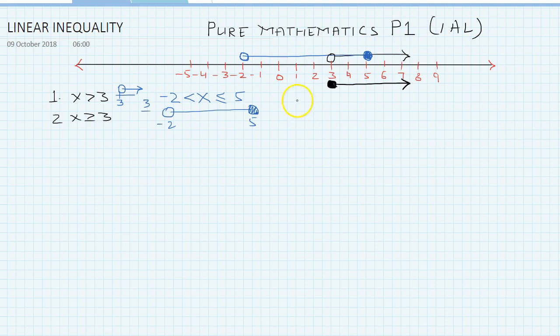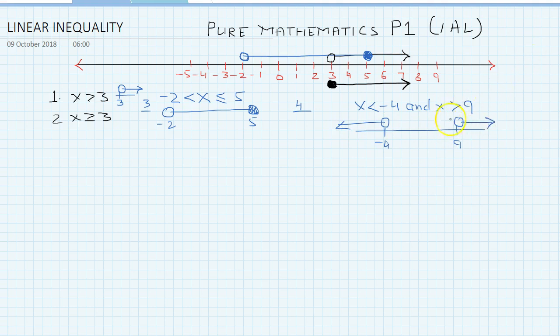This is third. Fourth type of inequality is if I say x is less than -4 and x is greater than 9. This is -4, so x is less than -4 is this side, and x is greater than 9.